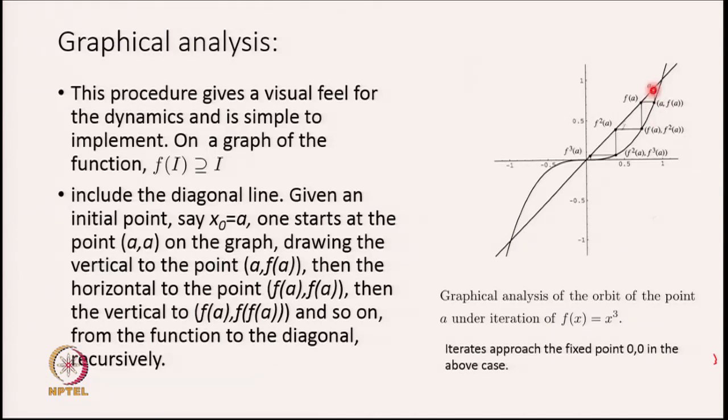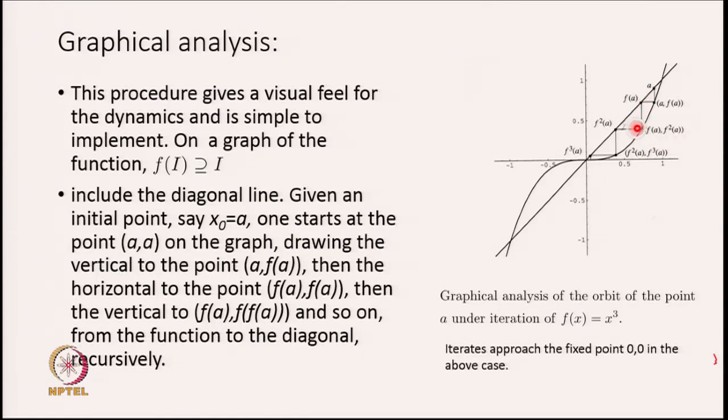So, you draw the vertical line from A to f of A, and that will tell you what the next iterate is, A and then f of A. Where does f of A iterate? To find that, we need to iterate from the diagonal point f of A, and see where that goes, and that goes to the point f of A, f2 of A.